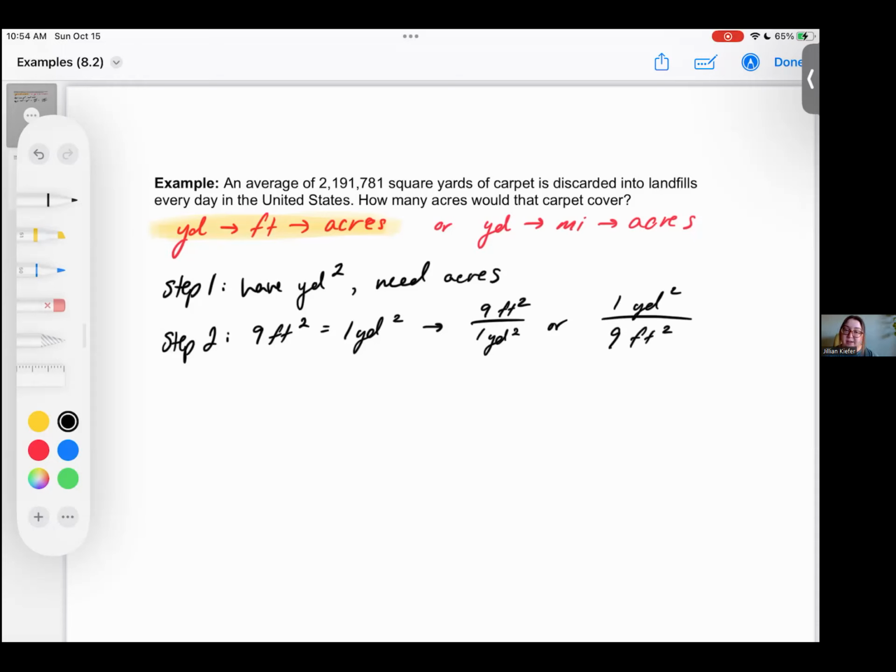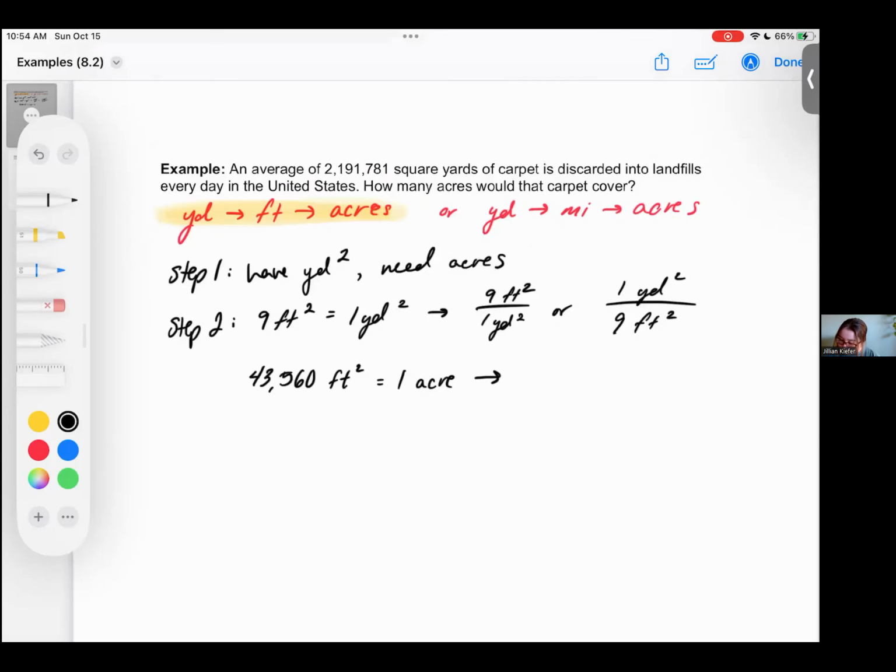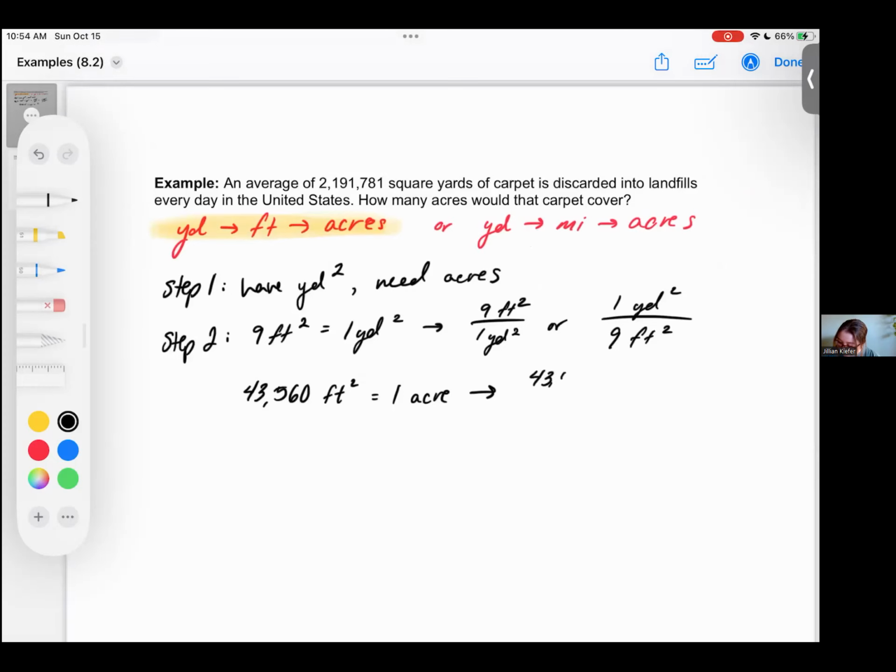We also have feet to acres. We know that there are 43,560 feet squared in 1 acre. Meaning that our ratios, our fractions, can be 43,560 feet squared over 1 acre, or 1 acre over 43,560 feet squared.